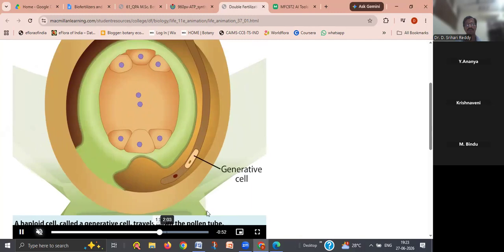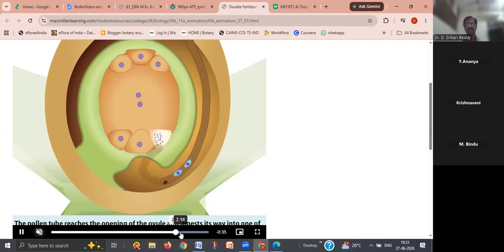The generative cell undergoes division and it forms two male gametes. The tube nucleus degenerates. These two male gametes are also called sperm cells. And here you see how they enter into the embryo sac through the pollen tube.